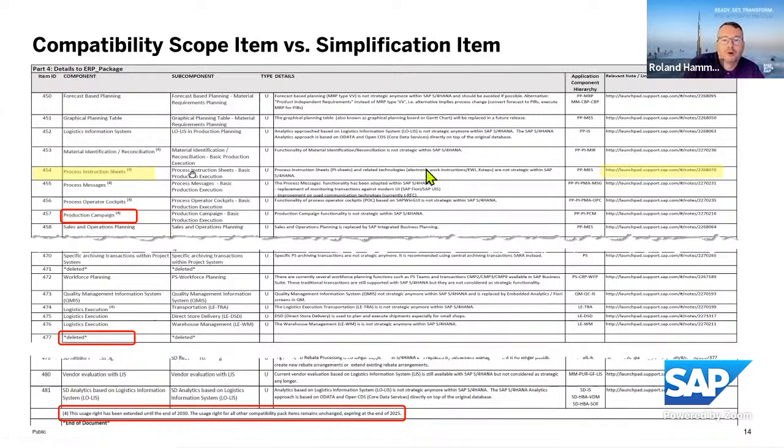Important to understand is there's always a relationship between a compatibility scope item and a simplification item. Sometimes it could happen that some compatibility scope items are described with one simplification item or vice versa. In most of the cases, there's a one-to-one relationship in between. However, there's always a relationship.